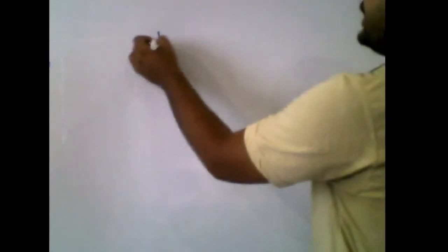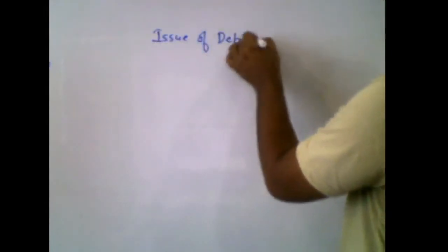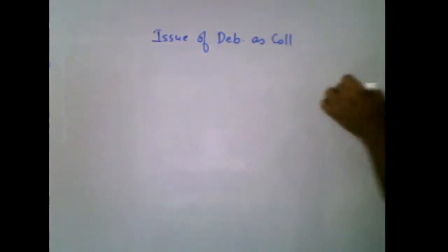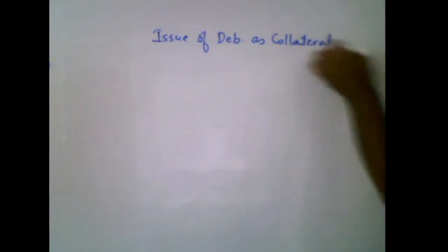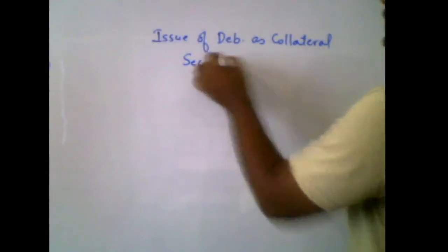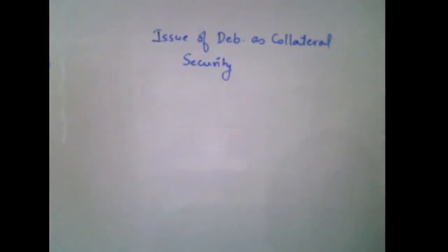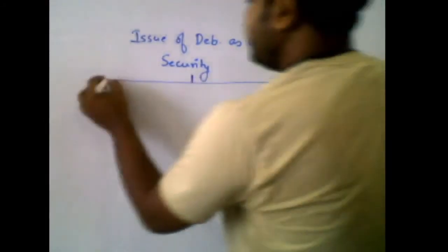So let's take a whole solution for you. You can see that when a company issues its debenture as collateral security, there are basically two methods.